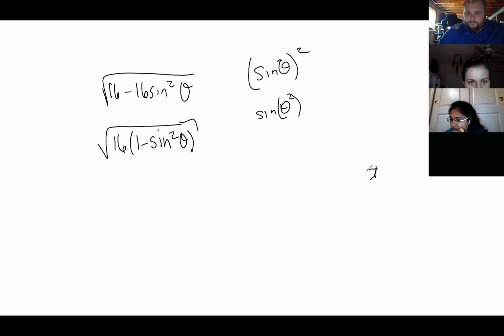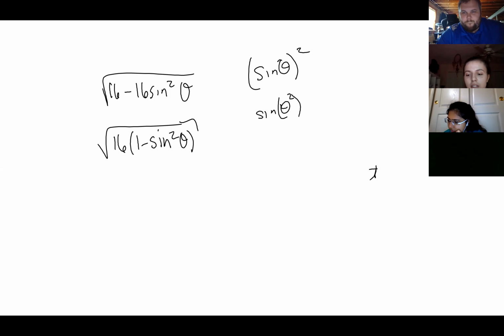Back to what I have, in that second step where it says 16 minus 1 sine squared theta, instead of sine I put cosine. That's where your mistake was. I changed it to cosine for some reason.